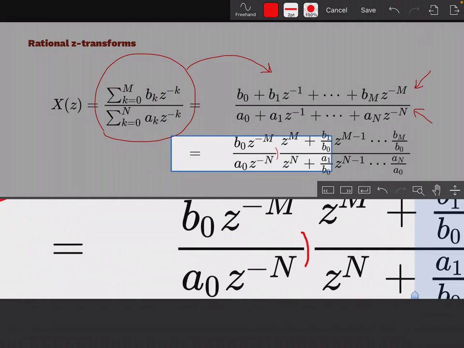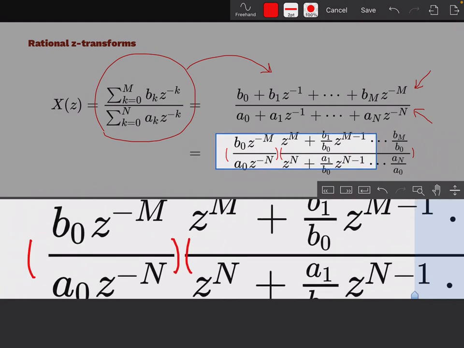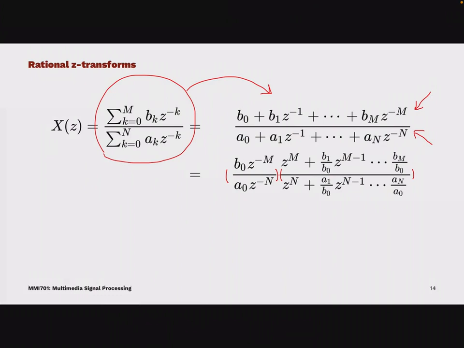So this is multiplied by the second term. Okay, so we have one term which is the ratio of b0 z to the power minus m and a0 z to the power minus n, and the second term which has two polynomials, an mth order numerator polynomial, and an nth order denominator polynomial.